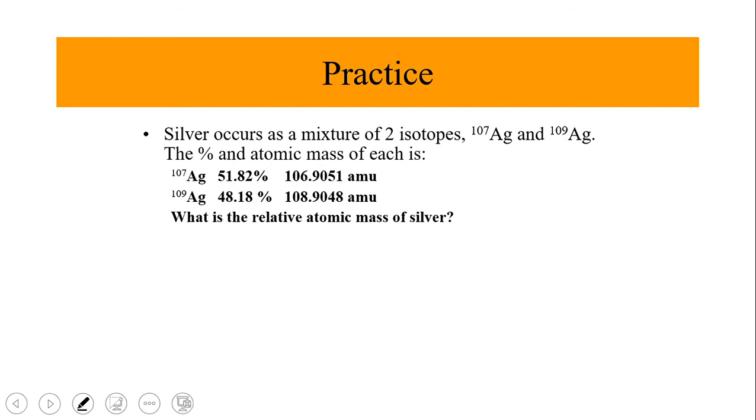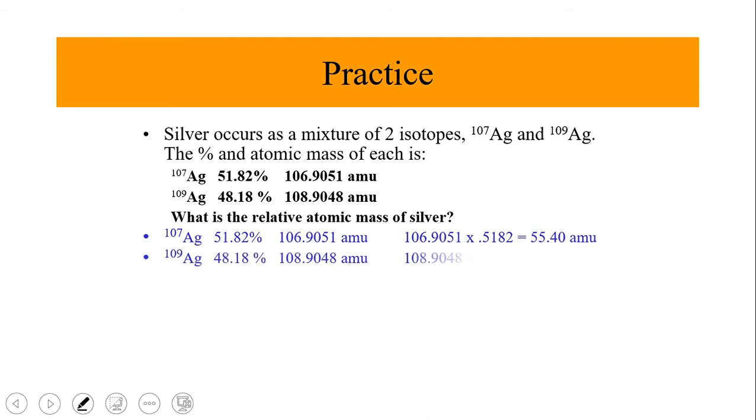Well, it's essentially the contribution of each isotope to the average sample of silver atoms. So 107 would be 51.82% at 106.9051. We simply multiply that out and we get 55.40 AMUs. That's the contribution of silver 107.